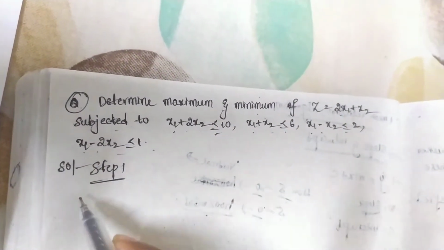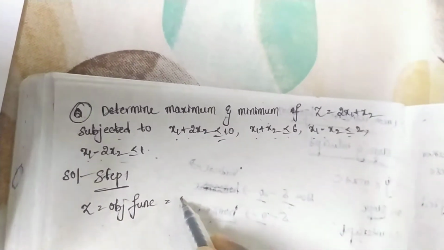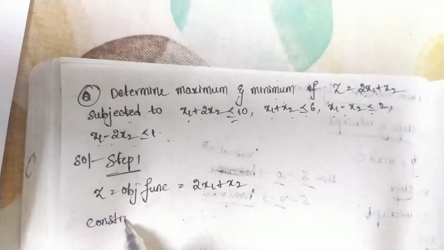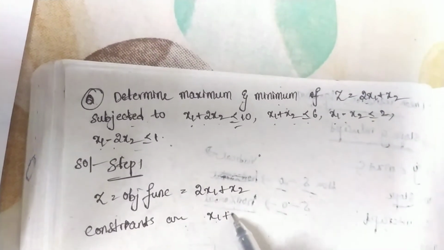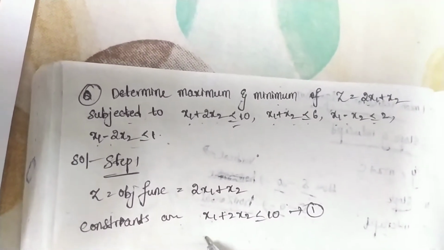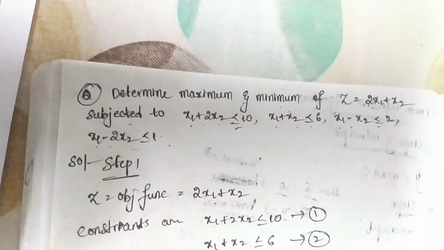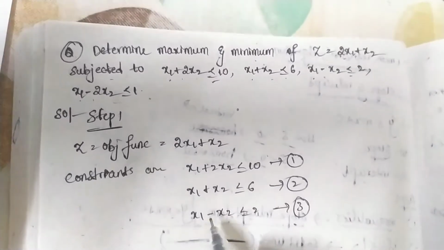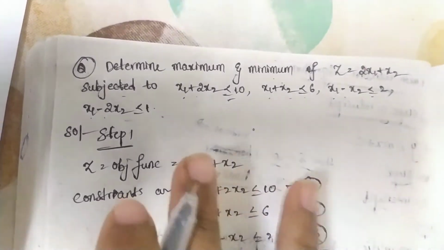The objective function is z equals 2x1 plus x2, and the constraints are: x1 plus 2x2 less than or equal to 10, this is equation 1; x1 plus x2 less than or equal to 6, this is equation 2; x1 minus x2 less than or equal to 2, this is equation 3; x1 minus 2x2 less than or equal to 1, this is equation 4. This is step 1.